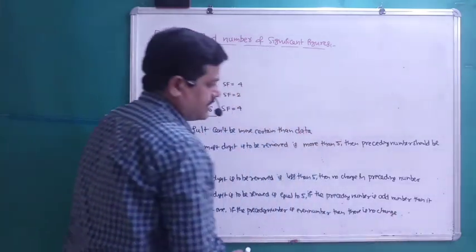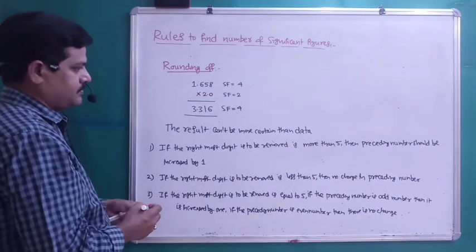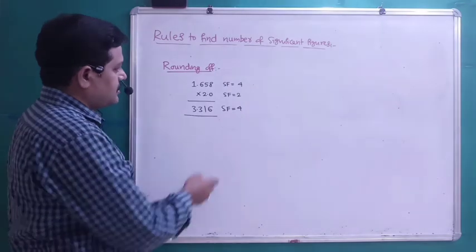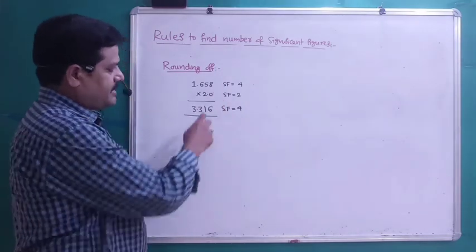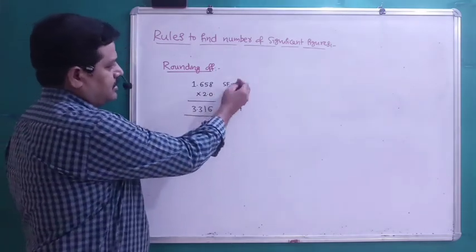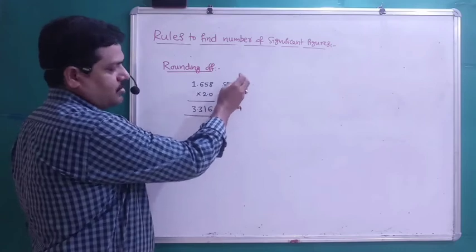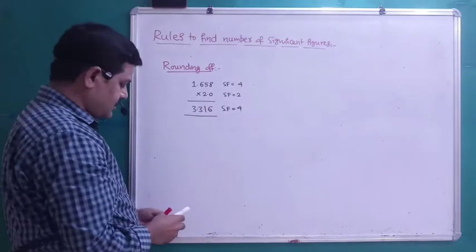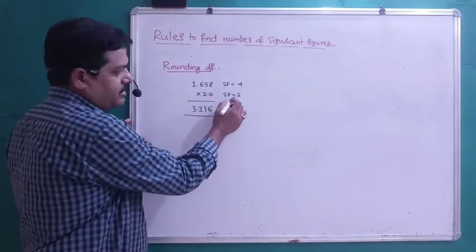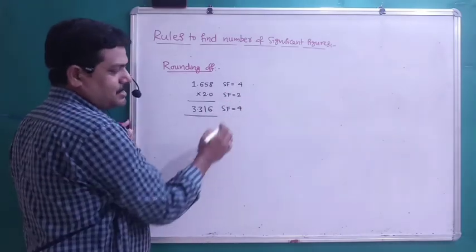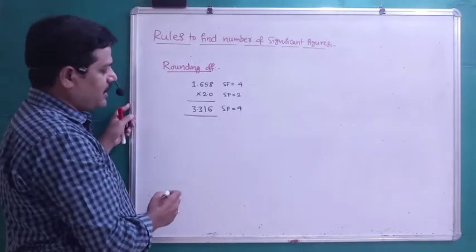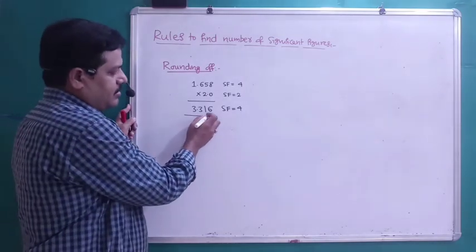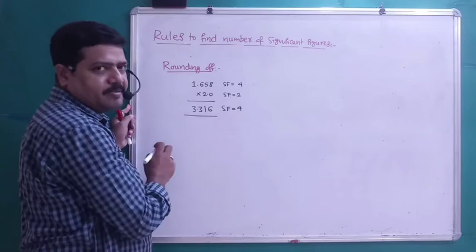Students, let us take one example for this. In this example, the first number has significant figures of 4. The second number has significant figures of 2. Then the final result should contain the minimum number of significant figures.